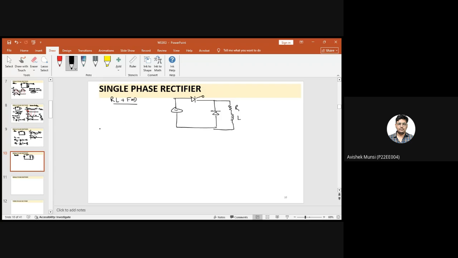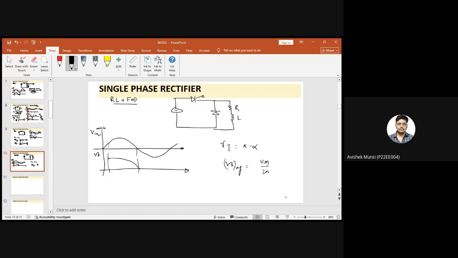Here the inductor will discharge across the diode, as I said, so there will be no stored energy. This is similar to the R load. This is V, this is VG. Here the conduction angle gamma is equal to pi minus alpha. VG average will be similar to the R load, which we calculated last day: Vm by pi times (1 plus cos alpha). Okay.